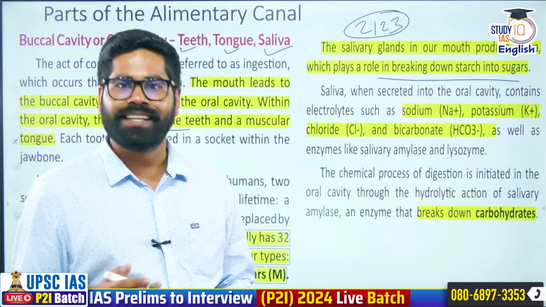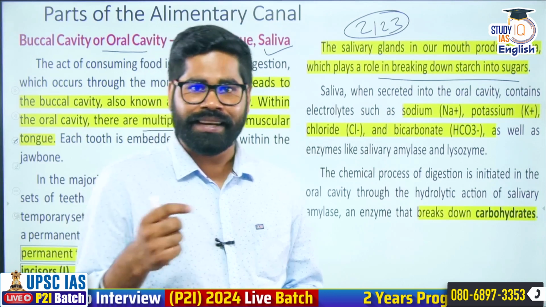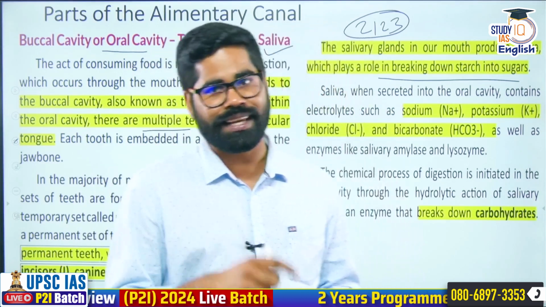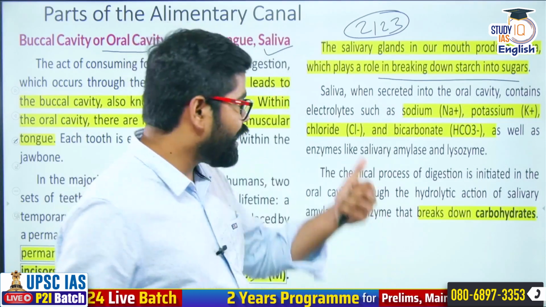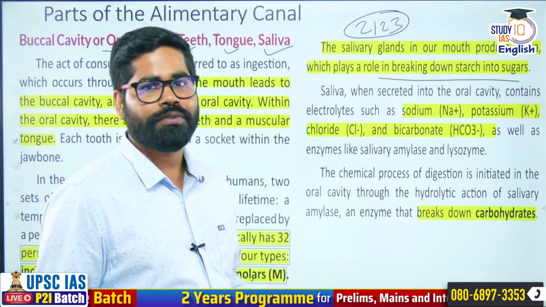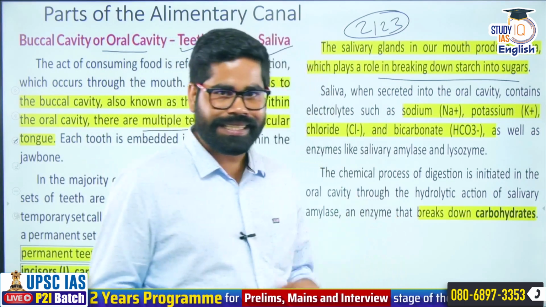First of all, the teeth help in breaking the food into simple components. Then the tongue helps to mix it with saliva. The saliva helps to break down the starch into sugar. And what does this saliva consist of?